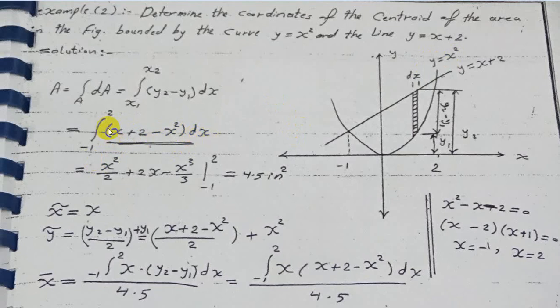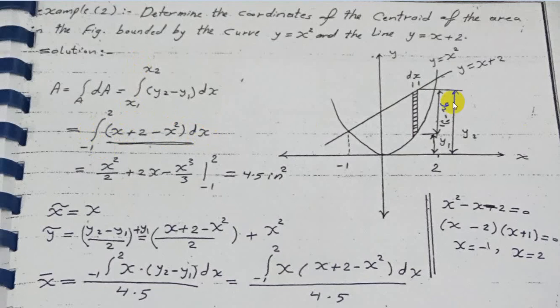So the term x plus 2 minus x squared is the form after the replacement of y by x. The integral from 2 to 1 of x plus 2 for y1, minus x squared for y2, is integrated with respect to x.